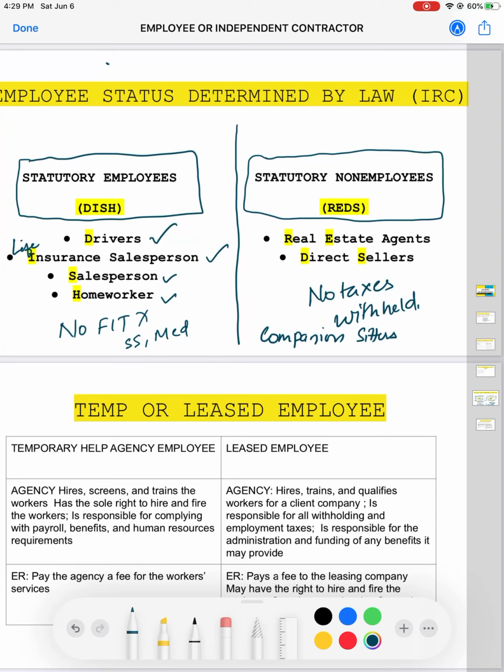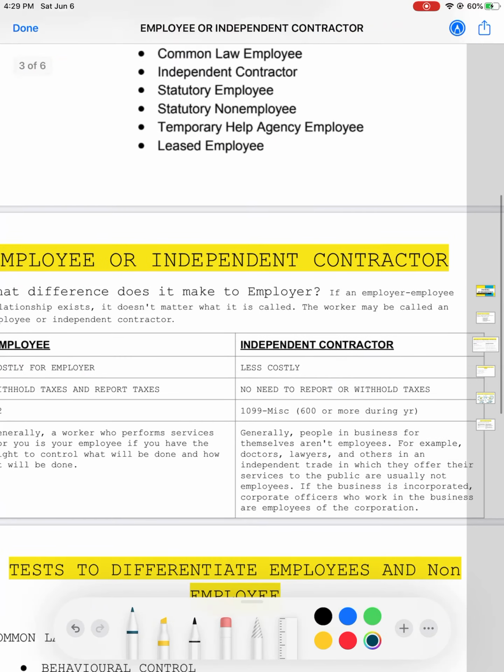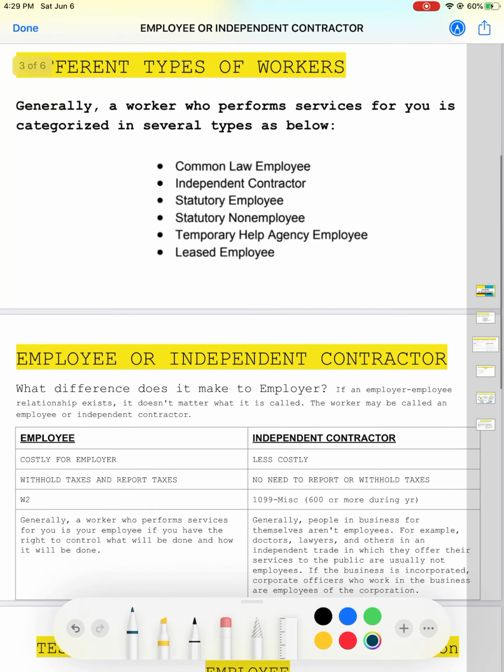So that's the main 6 types of workers that we have discussed. Again, common law employees are actual employees, and taxes are withheld from their paychecks. Independent contractors are not employees, and no taxes are withheld from their paycheck unless directed by the IRS.